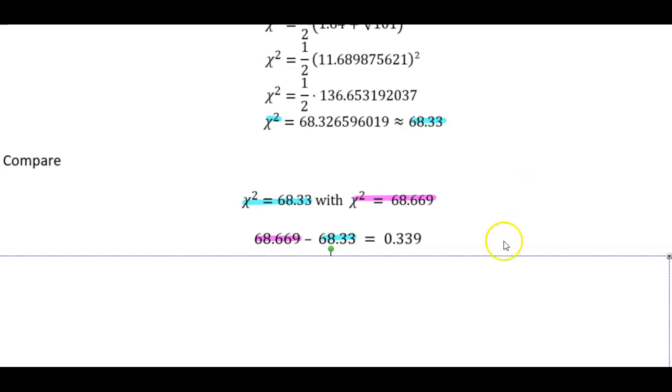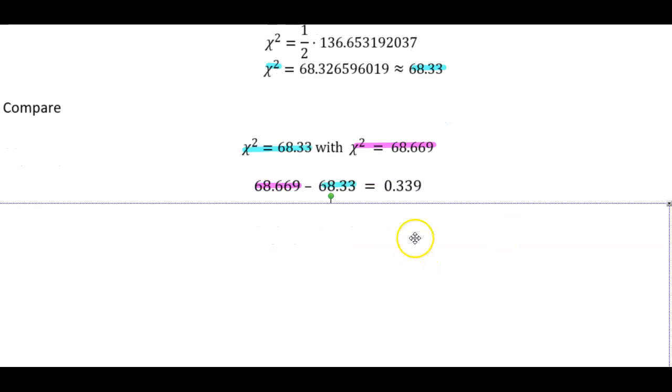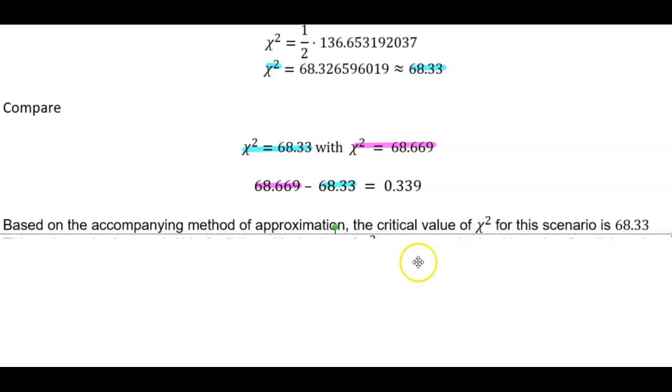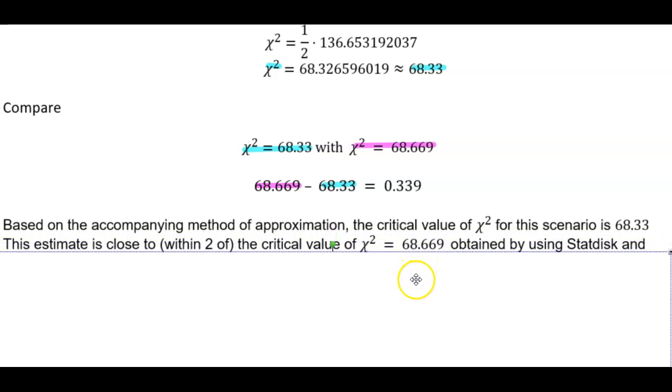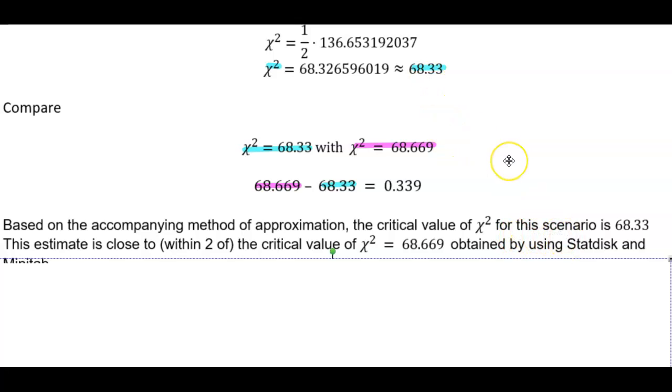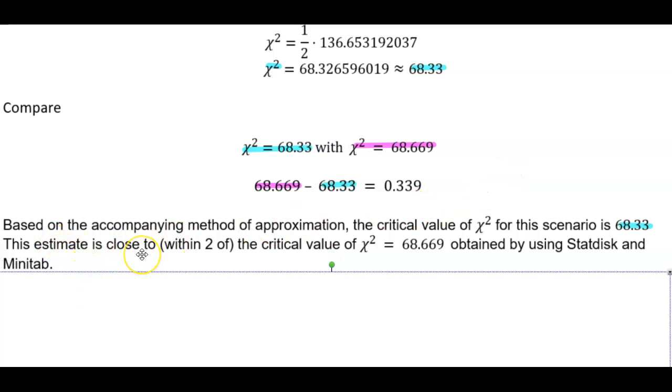When we subtract those two values, we get 0.339. So based on the accompanying method of approximation, the critical value of chi-square for this scenario is 68.33. We would say that this estimate is within 2 of the critical value of the chi-square of 68.669.